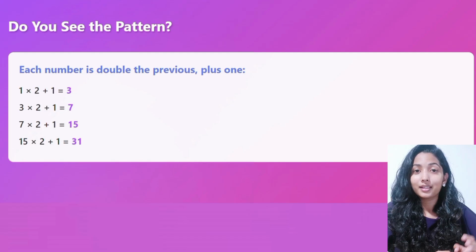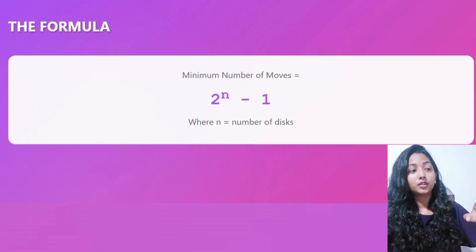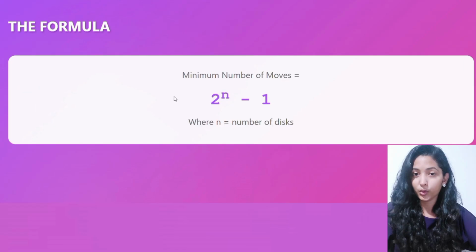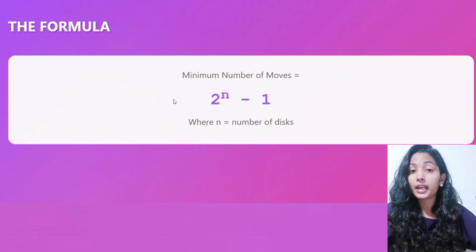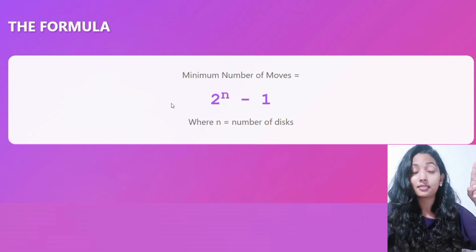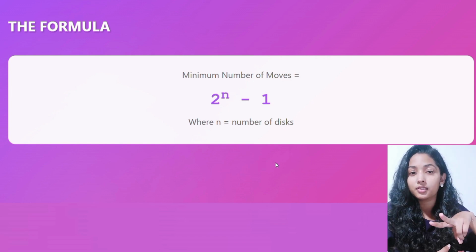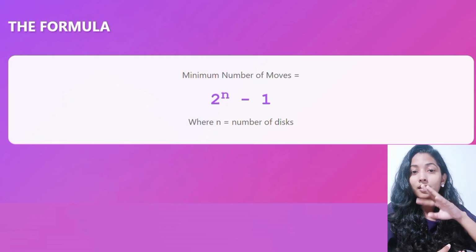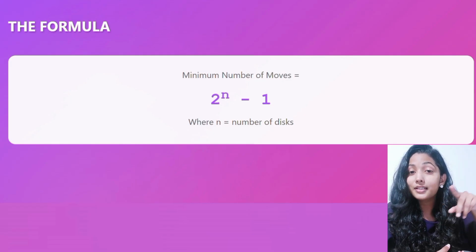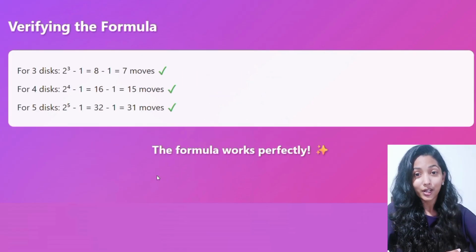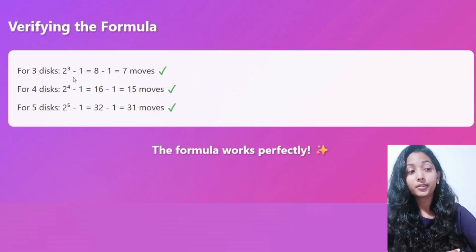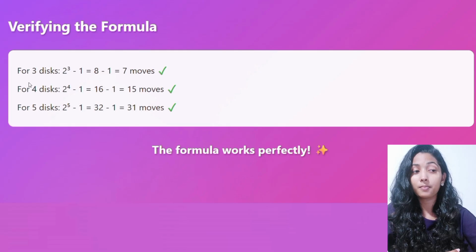So here is the formula to find the minimum number of moves: 2 to the power n, where n is the number of disks, minus 1. So when we are using 2 disks, 2 to the power 2 minus 1. That means 4 minus 1 equals 3. So let's verify the formula. For 3 disks, 2 to the power 3 minus 1.